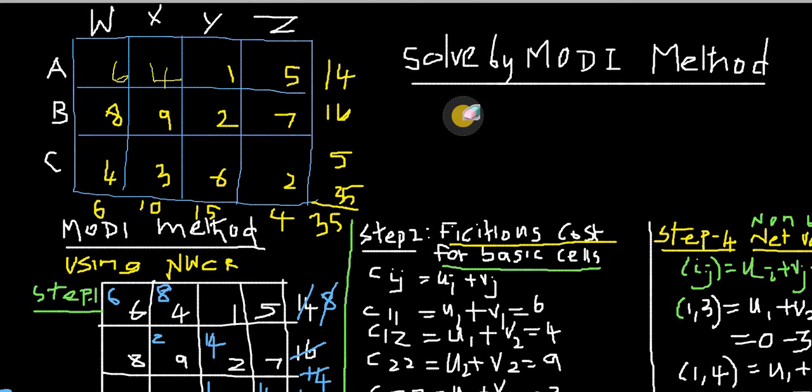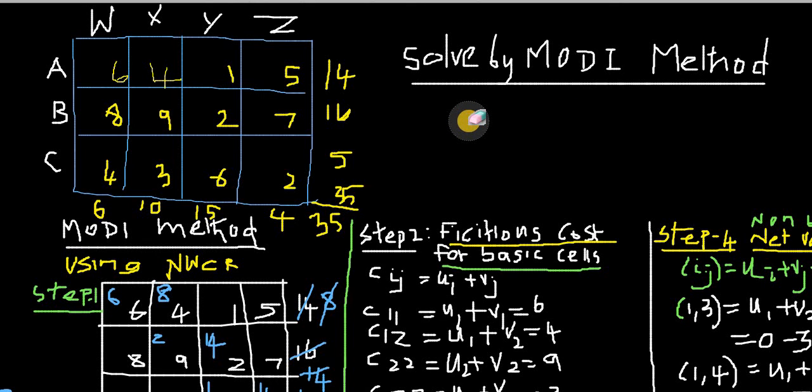Okay, students, today we are going to discuss Modi's method in solving transportation problems. In the previous video, I was discussing how to solve a transportation problem by the LCM method or NWCR method or Vogel's approximation method.